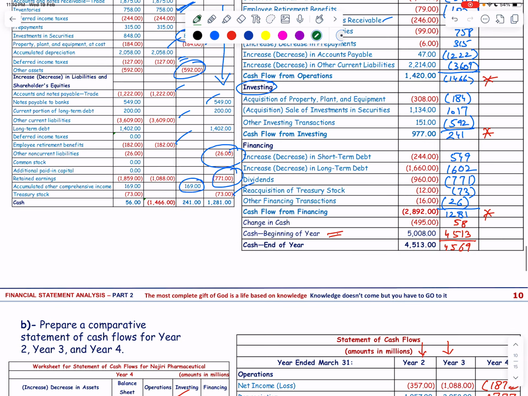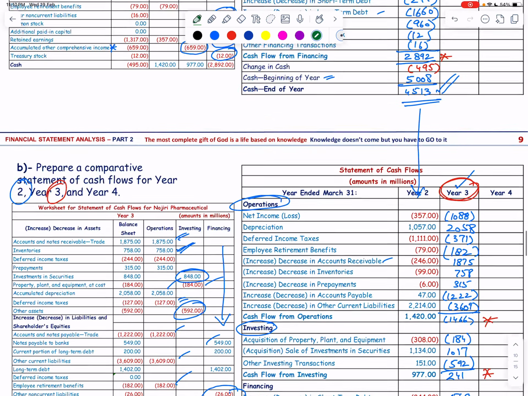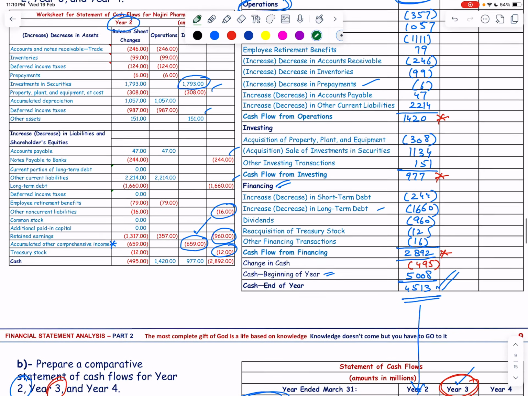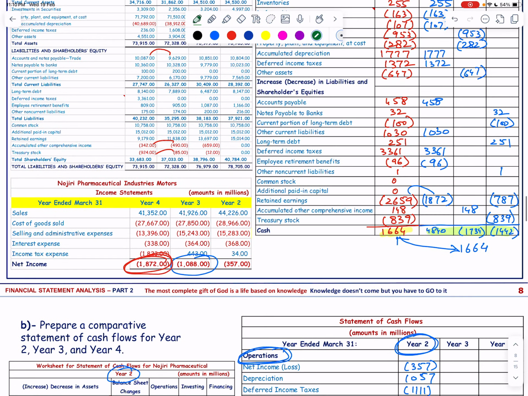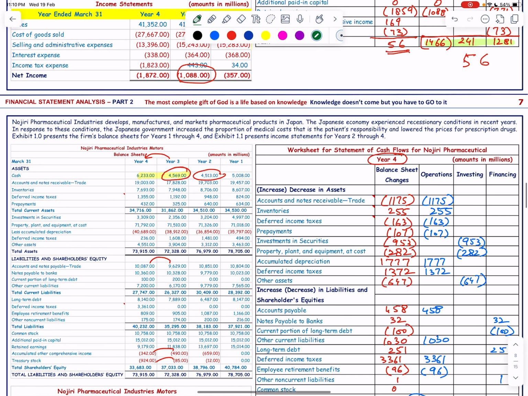If you look for year number 4, 1664. And now we look at the cash at the beginning of year number 4. So the beginning of the year will be the ending for year number 3, that is 4569.